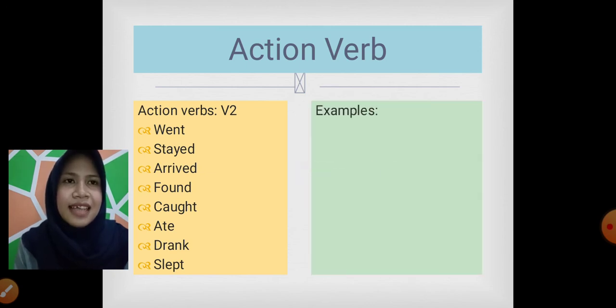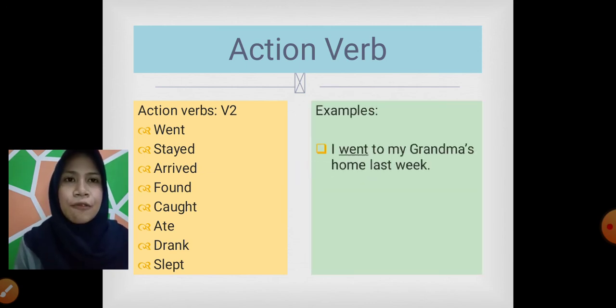Okay, the next is action verb. Using verb two. Verb two is divided into irregular verbs and regular verbs. The regular verb uses ed at the end of the word, but the irregular verb is very different between verb 1, verb 2, and verb 3.